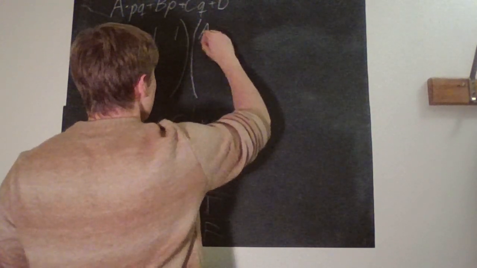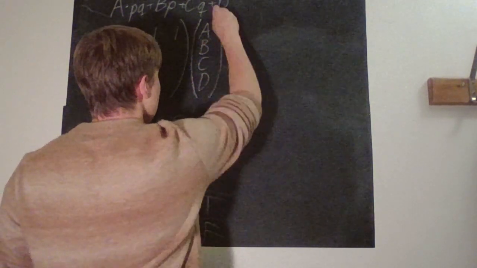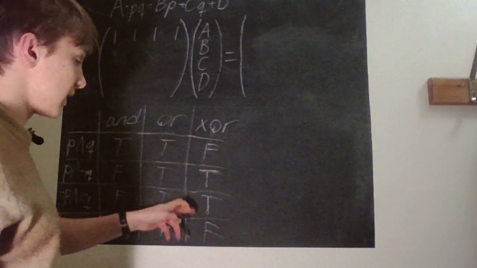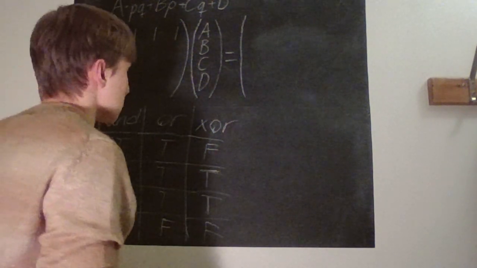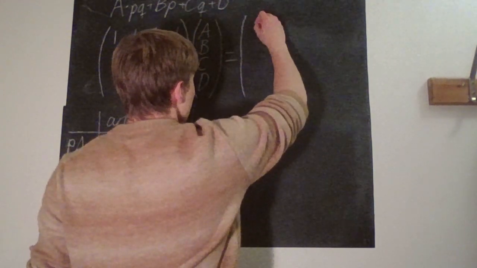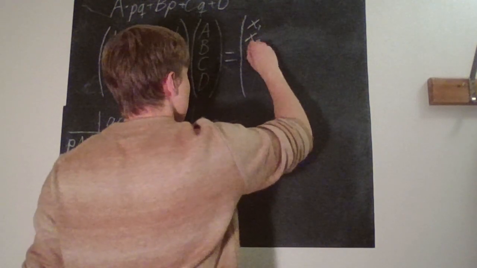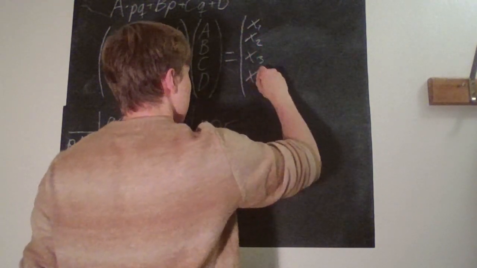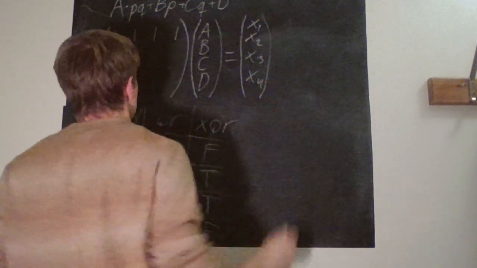So we have a, b, c, d. We want this to be equal to our answers, essentially what we get here. We can just call this x1, x2, x3, x4. I know, boring names, but it works. Okay.